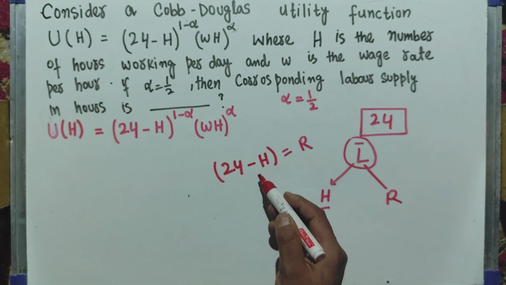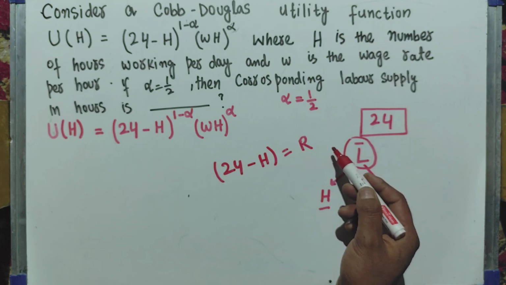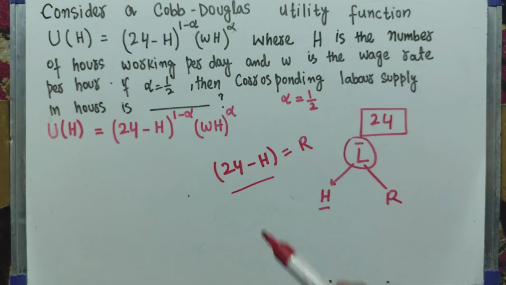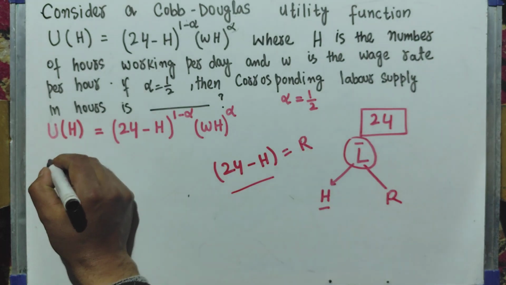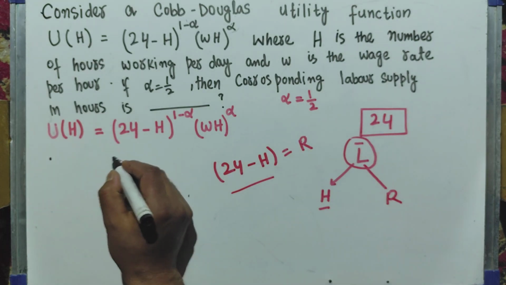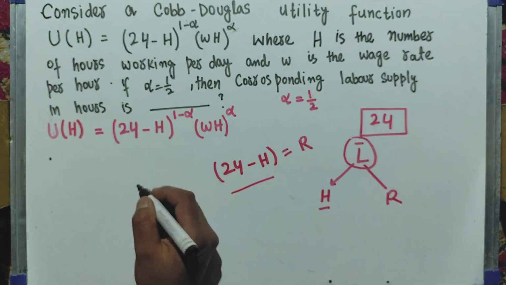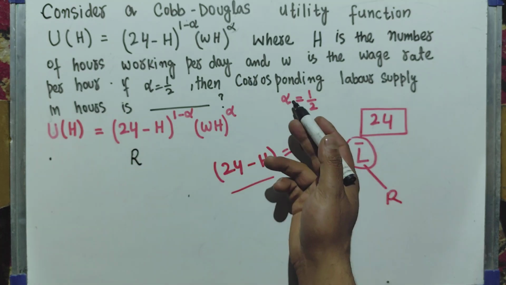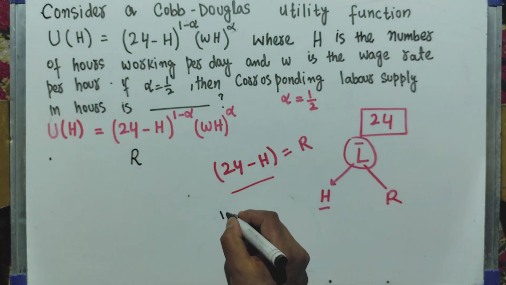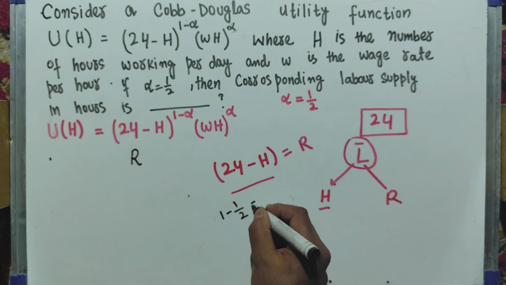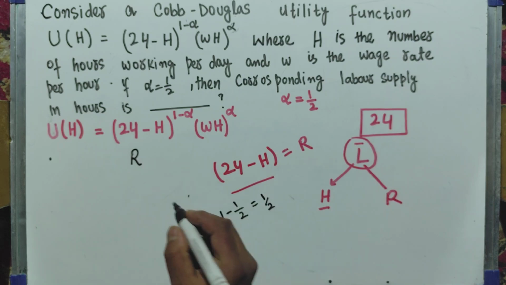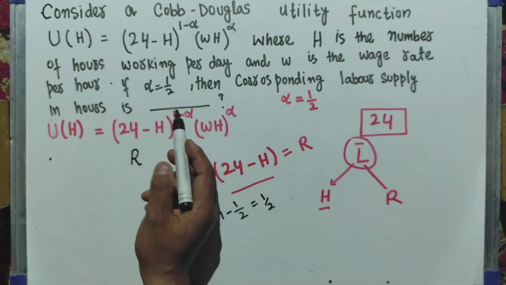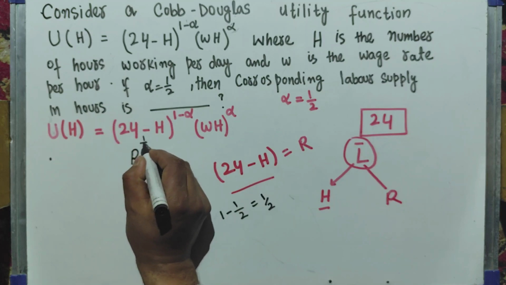So 24 minus h is equal to R. In place of 24 minus h, can I write R? I can write. We are being told alpha is equal to 1 upon 2, so 1 minus 1 upon 2 is again 1 upon 2 here. So in place of this term, I can write R raised to the power 1 upon 2. Obviously I can write.